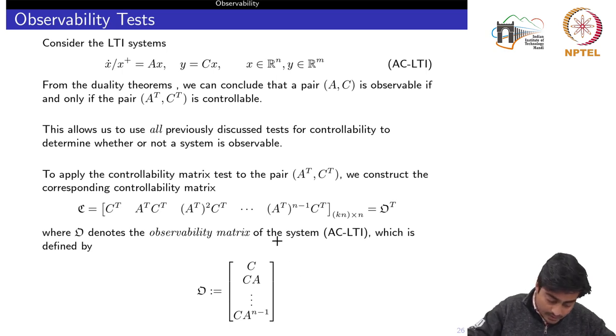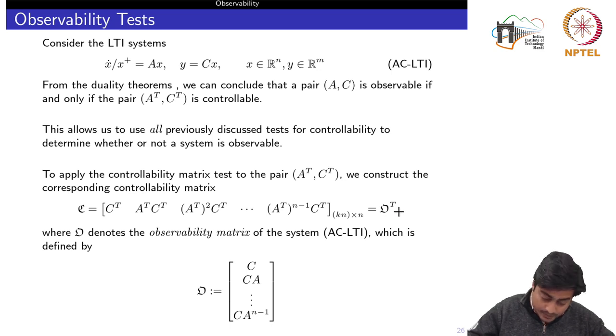Okay, so the controllability matrix of the pair A transpose, C transpose is given by this, and whatever matrix I have obtained after some simplification, I define as the observability matrix. That is to say, the controllability matrix is equivalent to the transpose of the observability matrix.